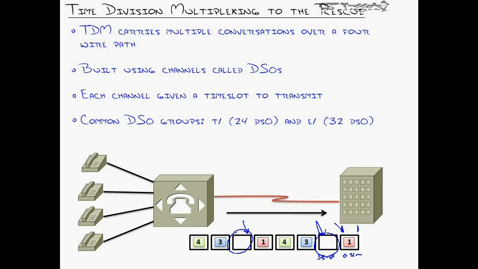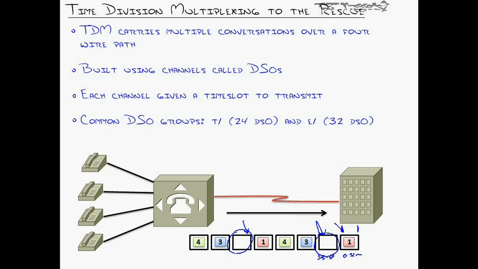E1 is used all over the world except for the United States, Canada, Japan, and a few other regions that use T1 lines. E1 connections give you 2 channels of signaling. It's actually channel 1 and channel 16, and we'll get into that more later.